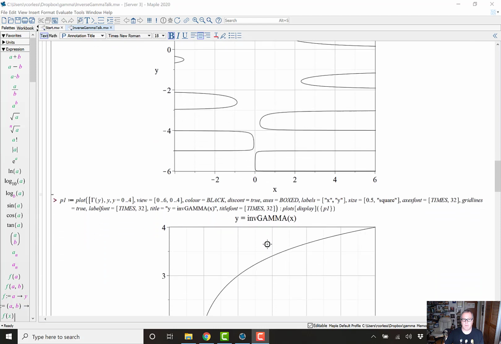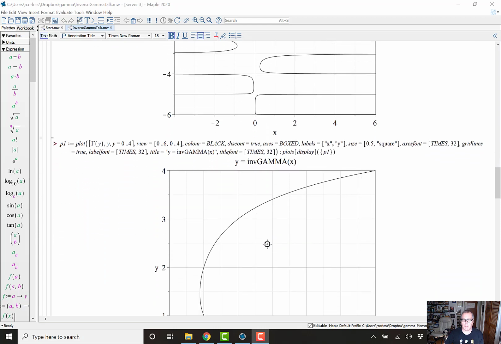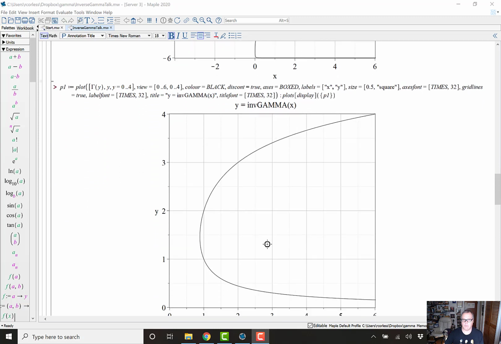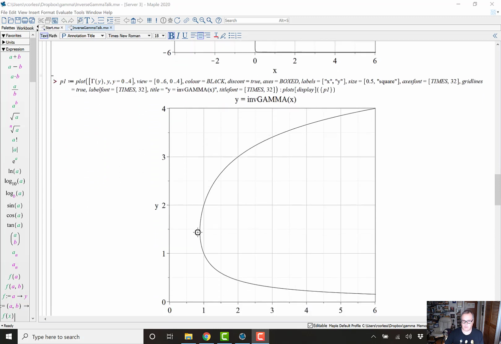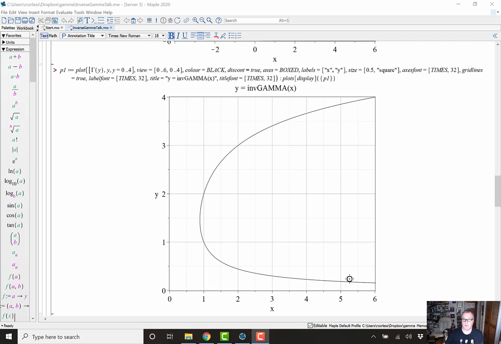If we just zoom in on that one branch in the positive plane, this is the branch that goes off to infinity, and here is another branch, which says that when x equals 4, for instance, there are going to be two real positive values of the inverse gamma function, one there and one there.